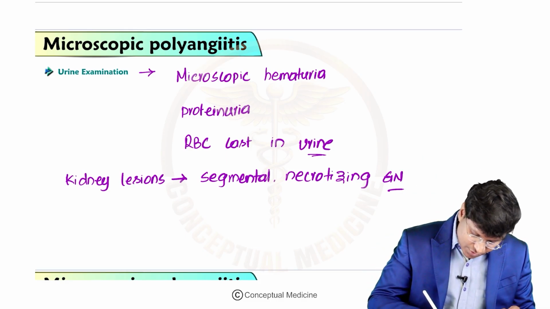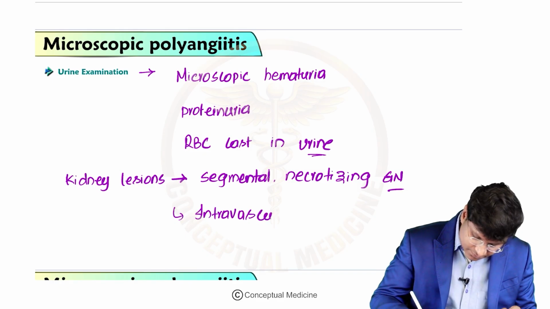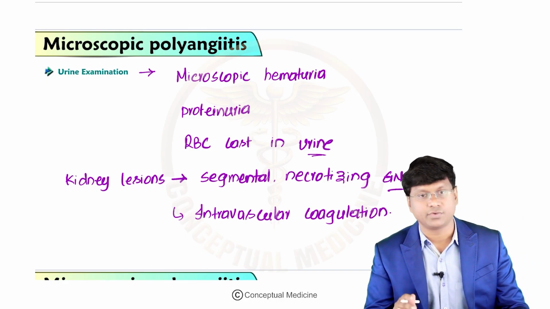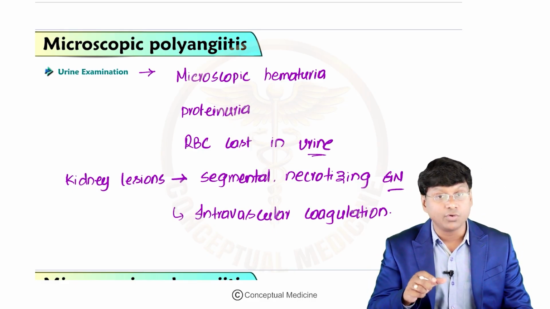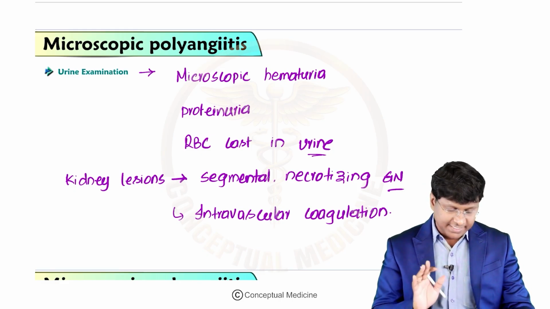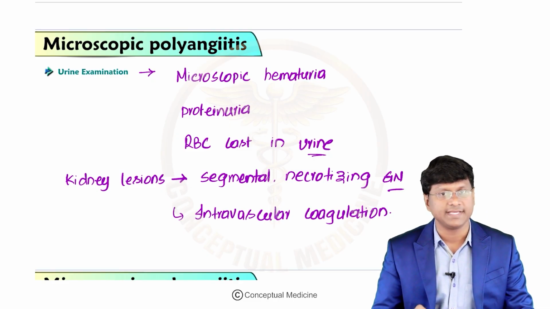So there is also intravascular coagulation that can be seen within the kidney, that is, intraglomerular thrombi can be seen upon renal biopsy. That is the kidney lesion seen in patients with microscopic polyangiitis.